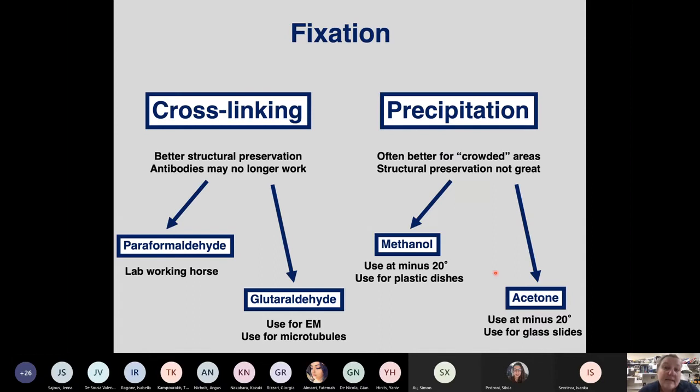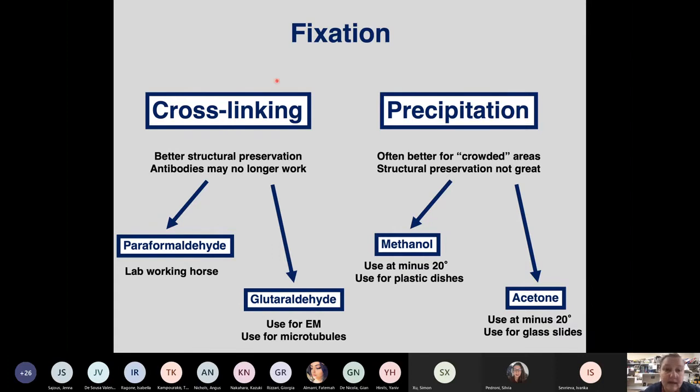Because these immunostaining procedures are quite lengthy, and you want to avoid diffusion of your antibodies and degradation of your proteins, you usually will carry out a step which is called fixation, and which basically takes a snapshot of your image.